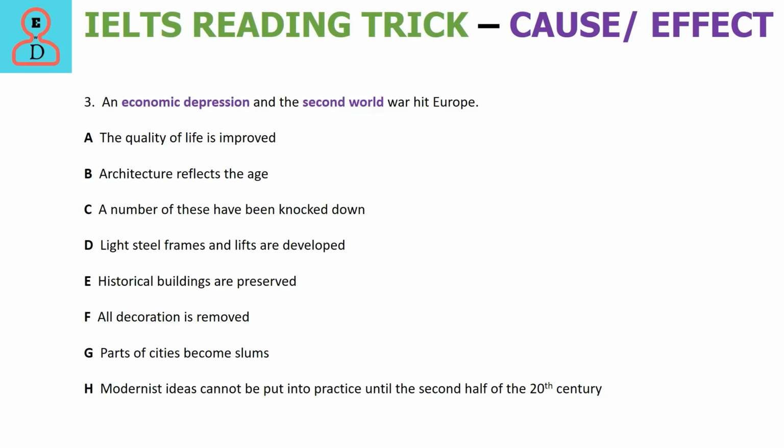So, its effect would be seen in the second half when the war was over, which fits with option H. Also, if you look at other options carefully, you will notice that none of the options seem like an effect of war. Hence, here we mark H as our answer.